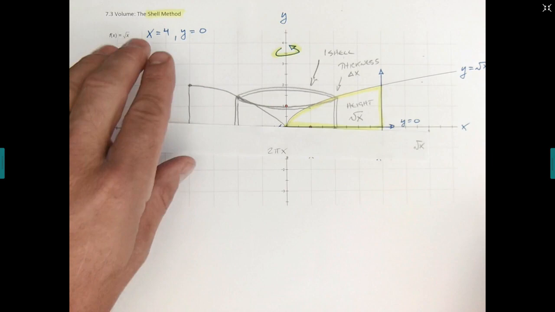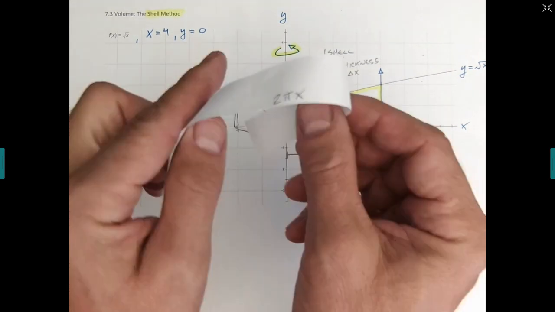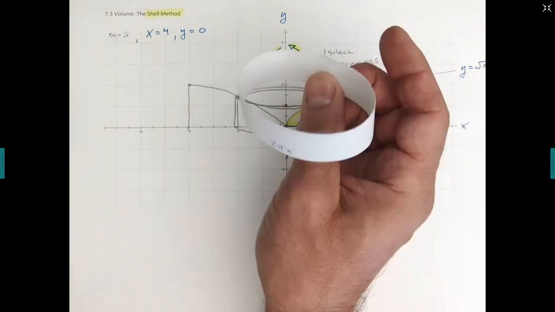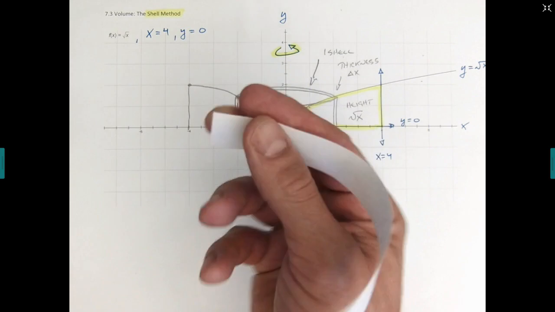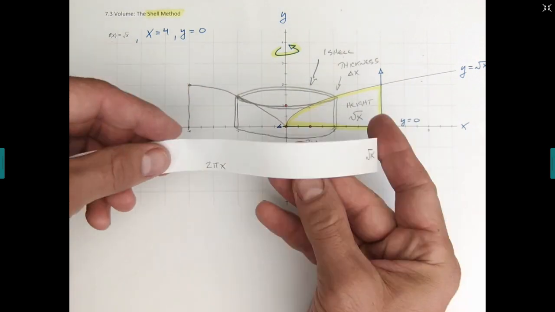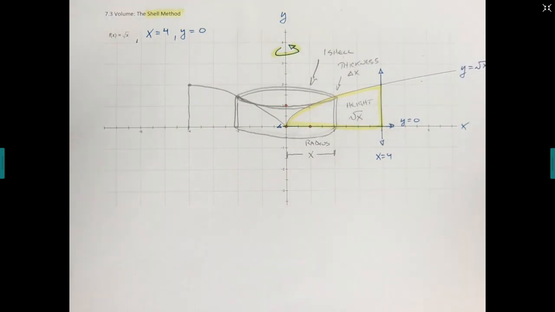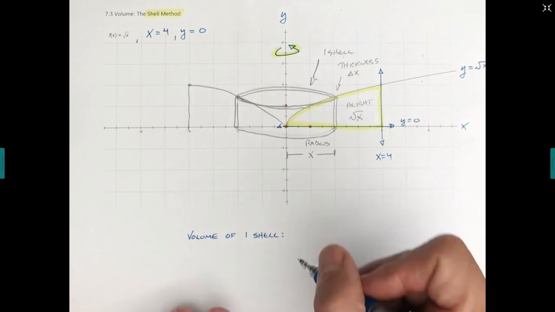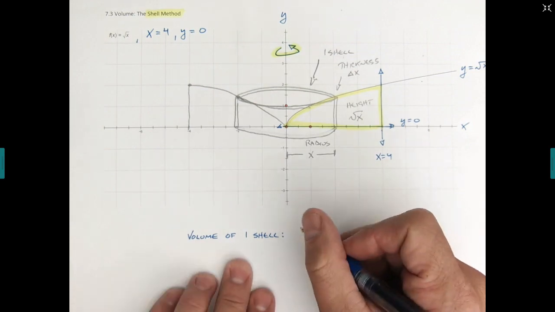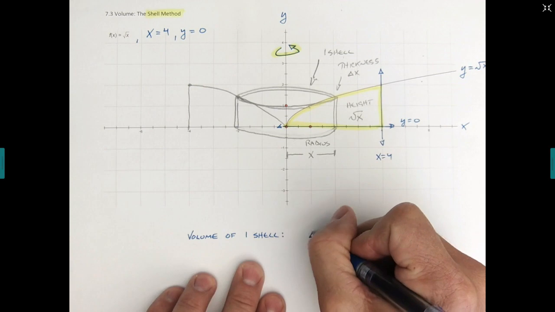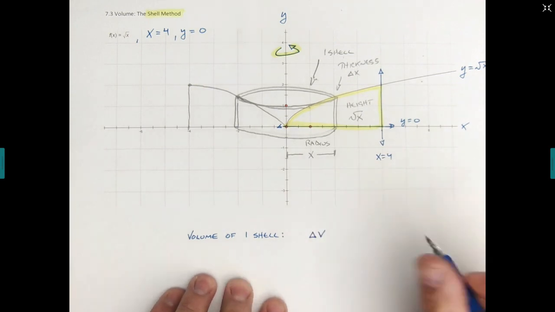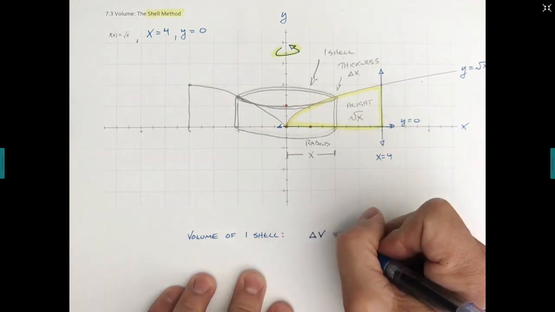Square root of x. So there I have the height and the circumference, or length, of this rectangle. And remember, the thickness is that delta x. So if I want to talk about the volume of one of these shells, let me just hold it together like this. There's our shell. All I have to do is multiply 2 pi x times the square root of x times delta x, and I'll have the volume of one shell. So let me make a note of that. Volume of one shell. I'll just put a little delta volume because I'm talking about just that one shell.